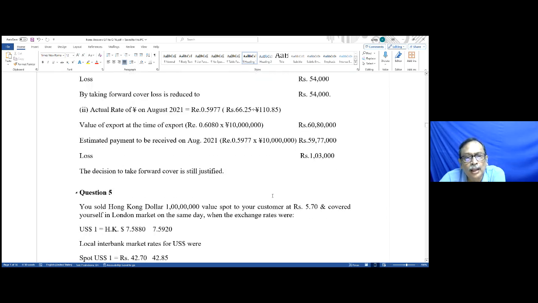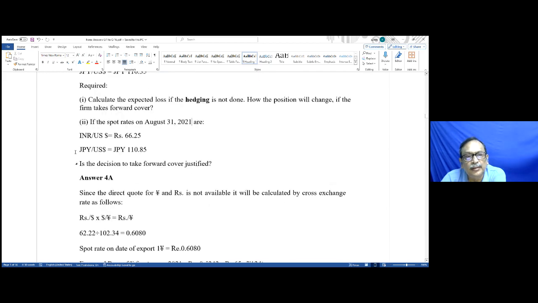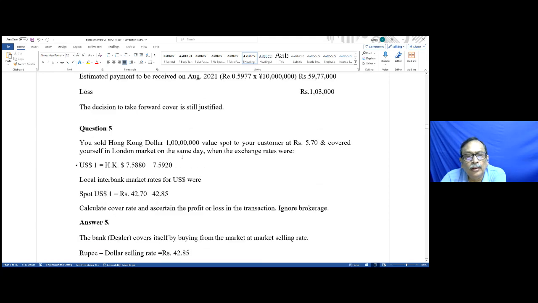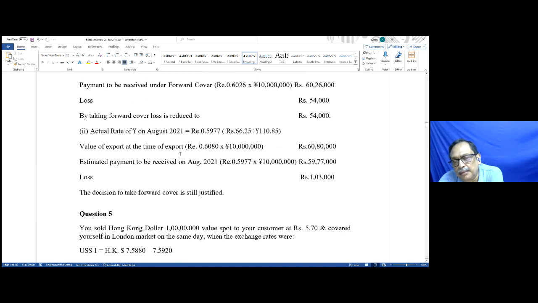So, actual rate of yen on August 2021 comes to rupees 66.25 divided by yen 110.85. 110.85 is given. The rate will be rupee 0.5977.